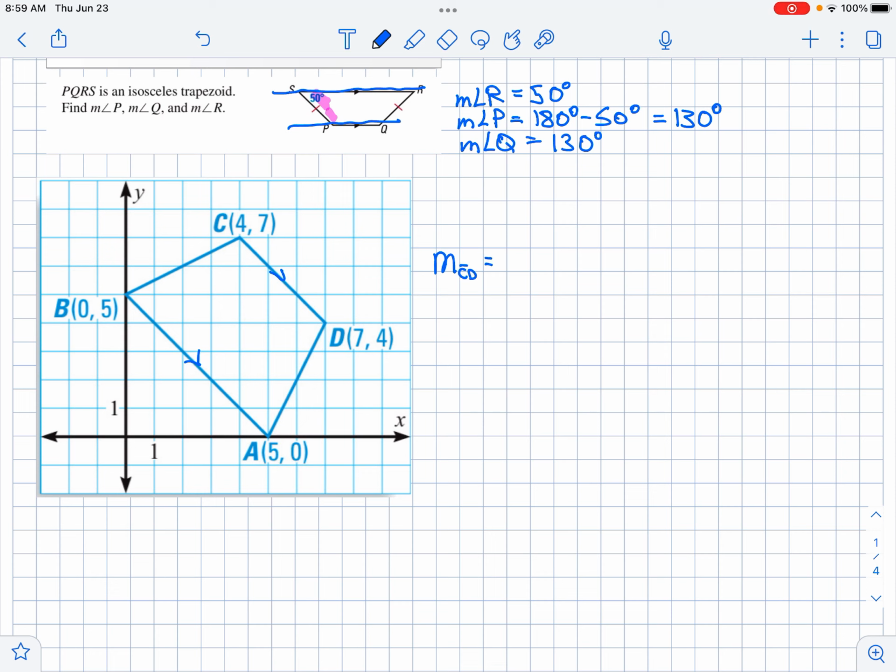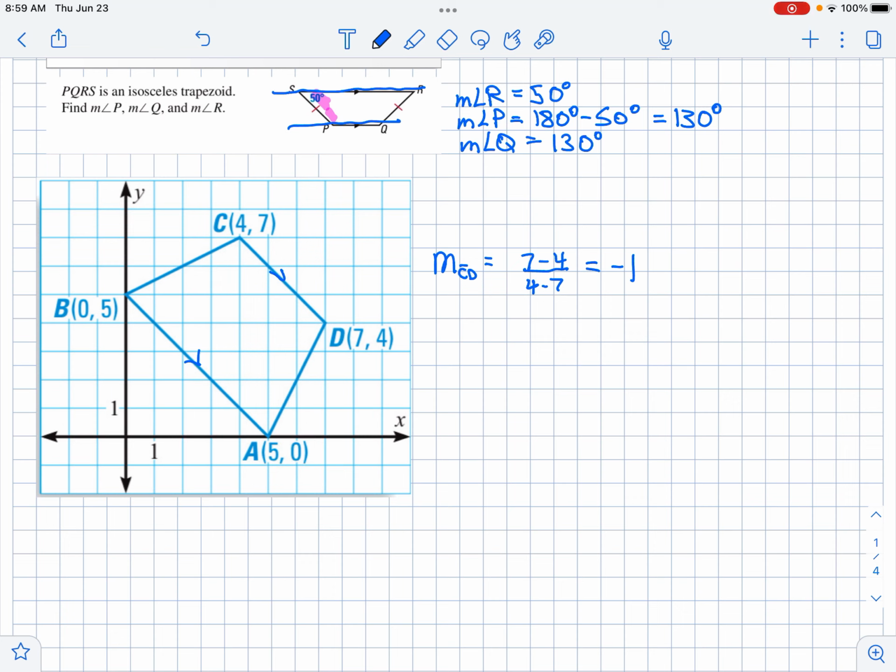I'm going to take the change in the y's over the change in the x's. So this is going to be 7 minus 4 over 4 minus 7, and that, of course, is going to be negative 1. So the slope of CD is negative 1.